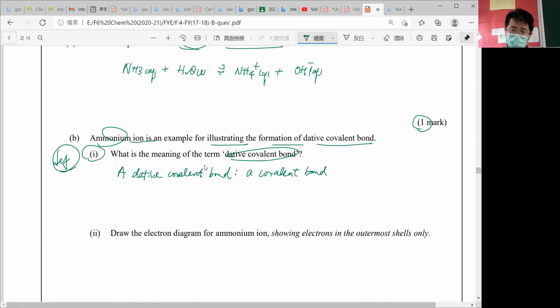How is it so special? A normal covalent bond is made by sharing of electrons, right? But the covalent bond between two atoms to form a dative covalent bond is made where both electrons come from the same atom.